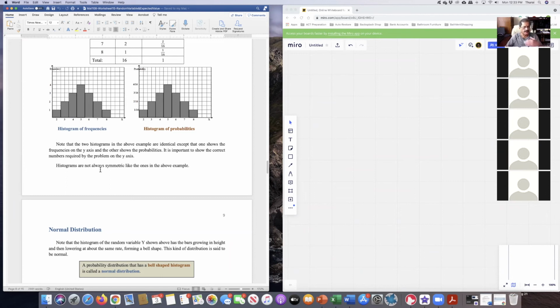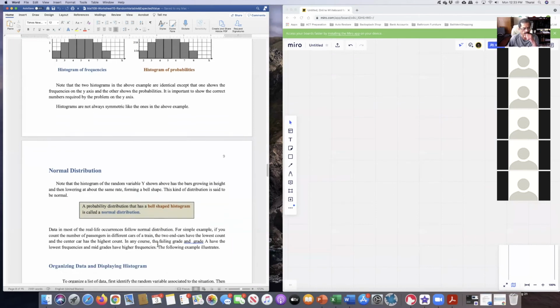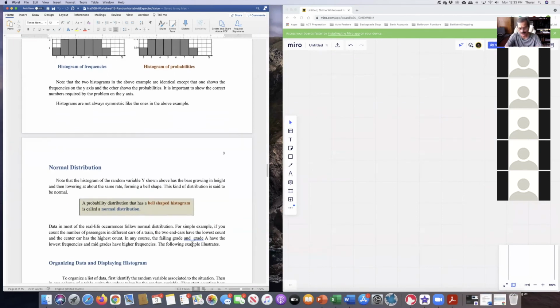So that's the shape you need to look for if the question asks you whether it's a normal distribution or not. Then you need to see whether it's a bell-shaped curve or not. Now, bell-shaped doesn't mean it has to be perfectly bell-shaped. Writing on the board, the shape basically has to be going up and down.